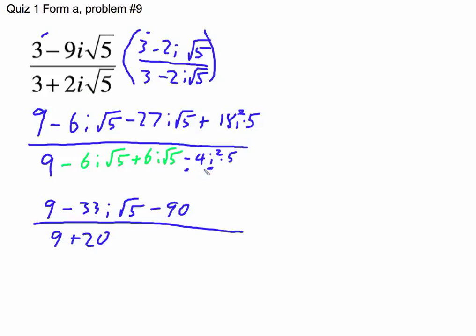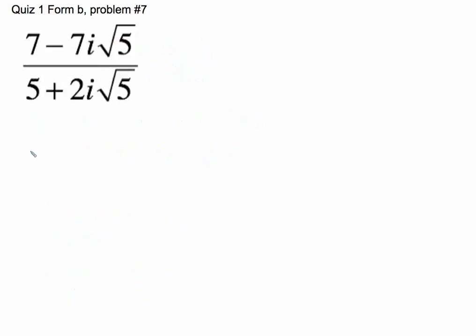There's a negative there, so it becomes positive 4 times 5. So it is 9 minus 90, which is minus 81, minus 33i square root of 5. And you'll divide that by 9 plus 20, 29.